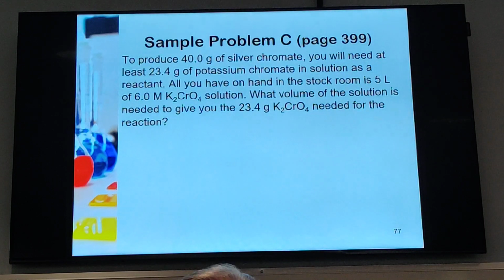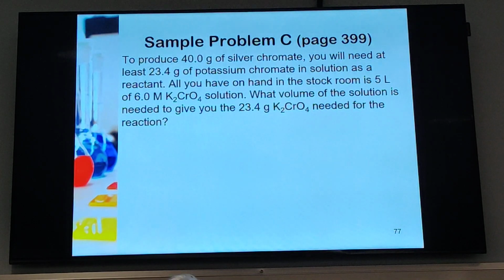To produce 40 grams of silver chromate, you need 23.4 grams of potassium chromate in a solution. And all you have in stock is a 5 liter bottle of 6 molar, and notice this is molar, not molal, potassium chromate. What volume of that solution do I need to get my 23.4 grams?